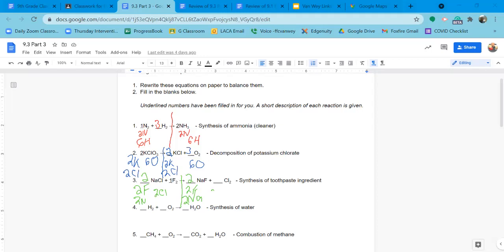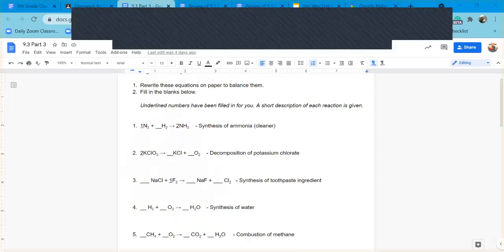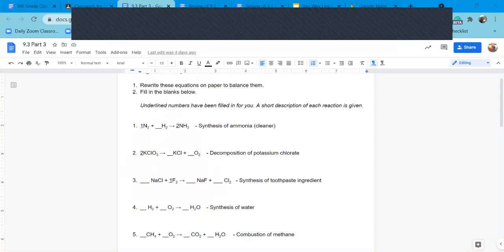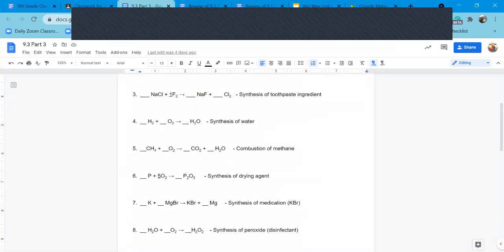So now I need 2 chlorines over here, which means I need 1 pair of this. So hopefully in that problem, we can see how we sort of bounce back and forth. We go from here to here, and then we go from here to here, and then from here to here again, and then from here to here again. We're balancing back and forth. Like the pendulum of a pendulum clock.